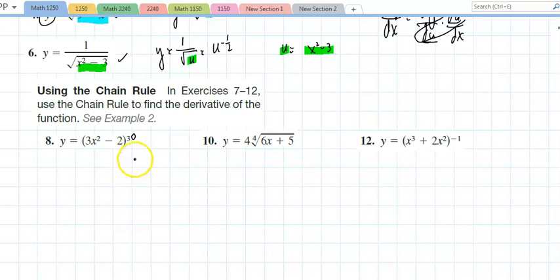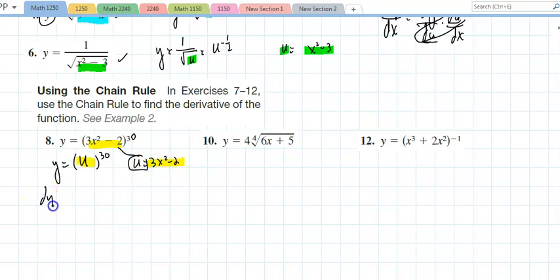If I let u equal the inside, 3x squared minus 2, doesn't that make y equal u to the 30th? So all I do is let u equal this.